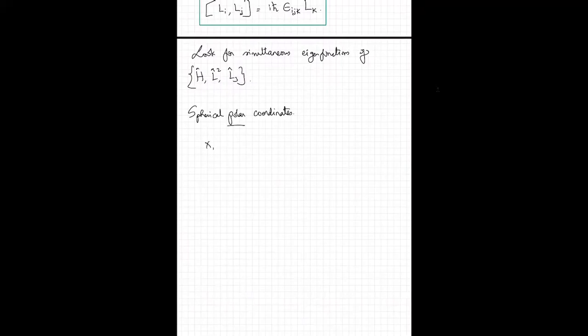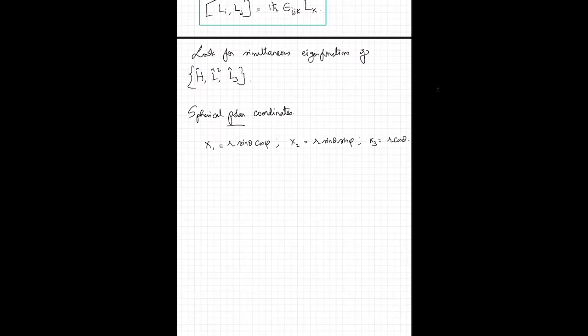In spherical polar coordinates, X1 is r sine theta cosine phi. X2 is r sine theta sine phi. And X3, which is Z, is r cosine theta. And you can verify that X1 square plus X2 square plus X3 square is just r square.